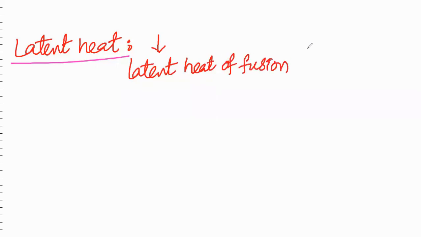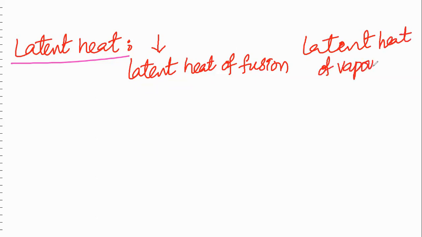There are two types of latent heat: latent heat of fusion and latent heat of vaporization.